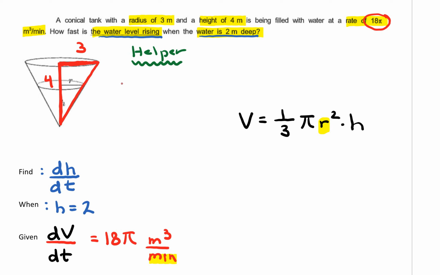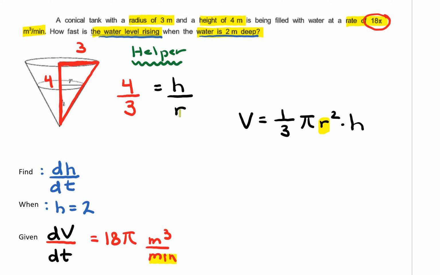So if we write that as a ratio, the height is 4 and the radius is 3. We can write the height and radius as a ratio using similar triangles.